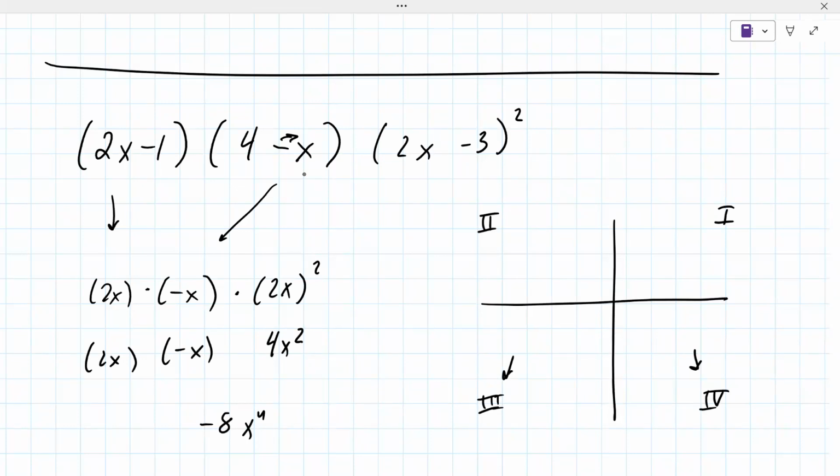Oh, right, good. This one's even, not odd. So that'd be the third quadrant.